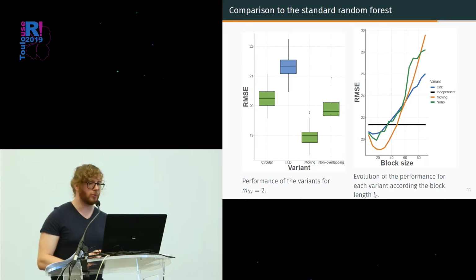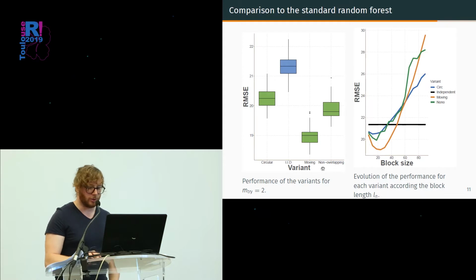The goal of this work was just to show that by replacing one single step in the construction of the random forest, we improve the performance in time series. So we just compare to a standard random forest, since that is the goal.